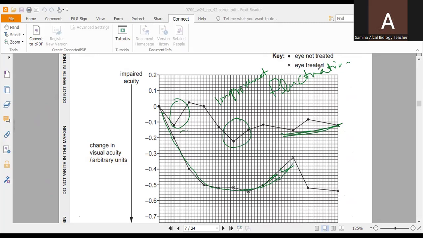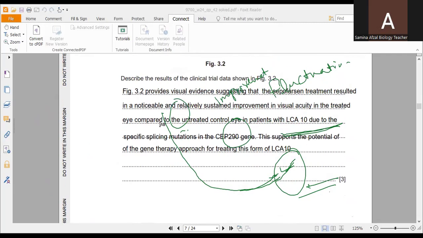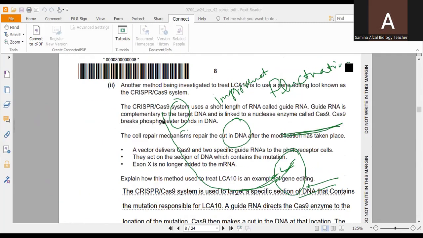A little less improvement has been shown over these months. So in this way, these two graphs are helpful to compare both types of curves. Now the next question.